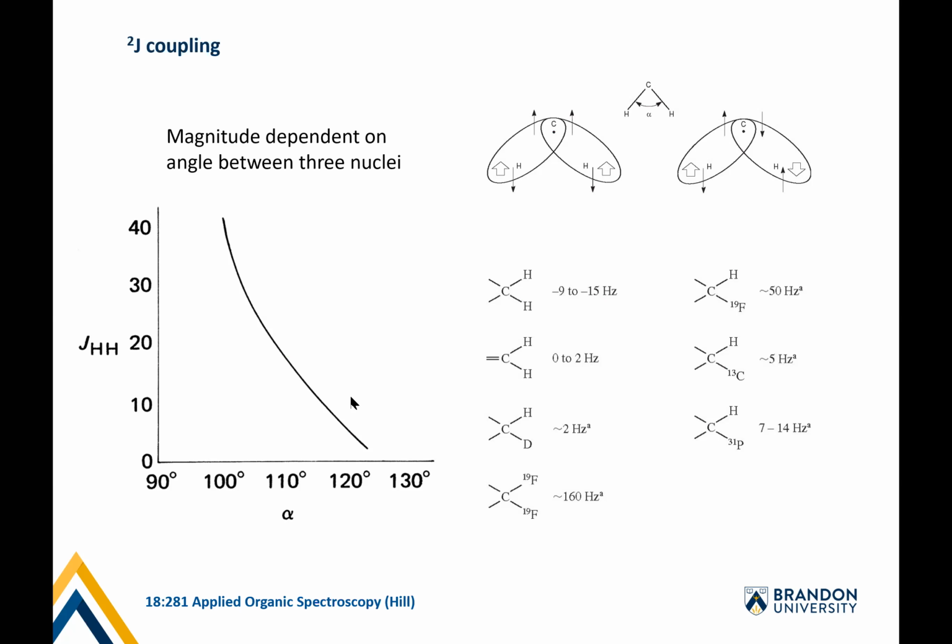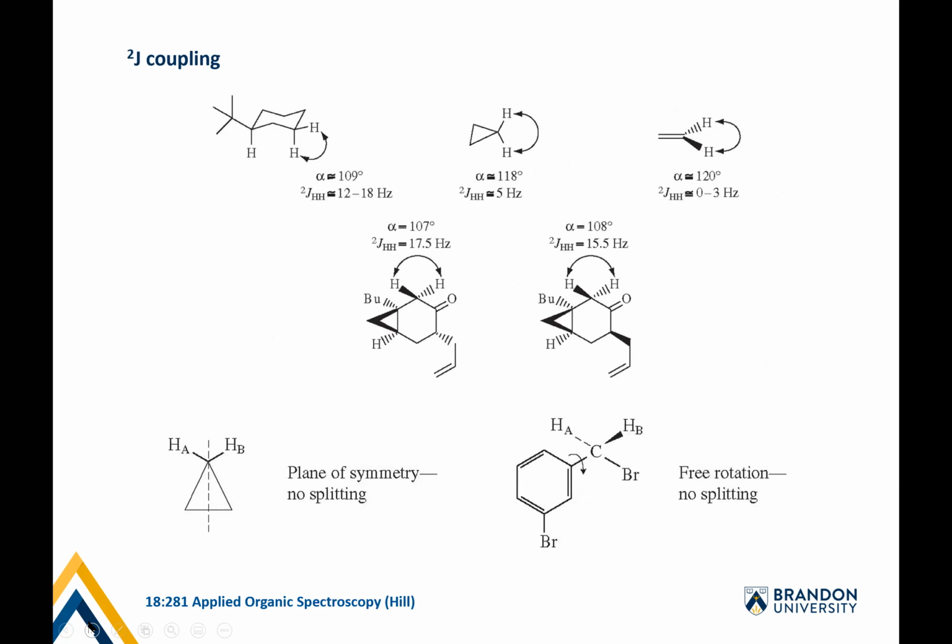Stop this. So here are some examples: cyclohexane, cyclopropane, and then basically an alkene.